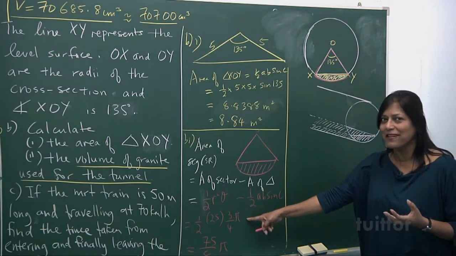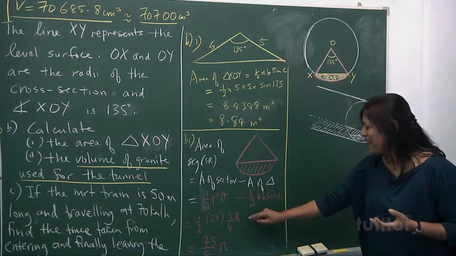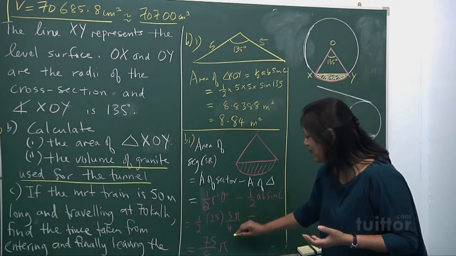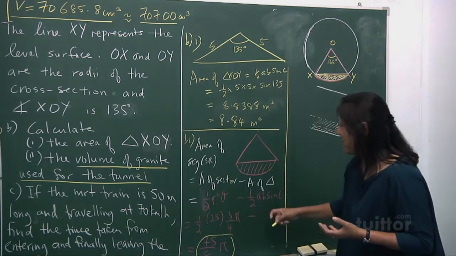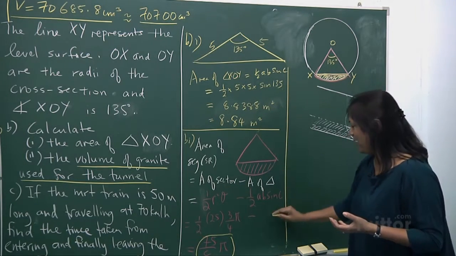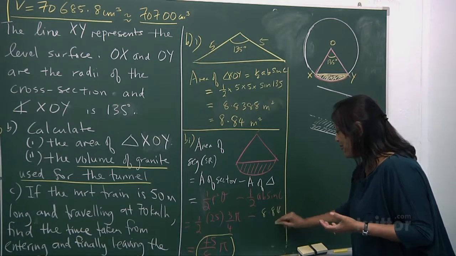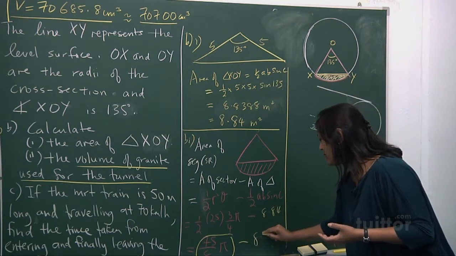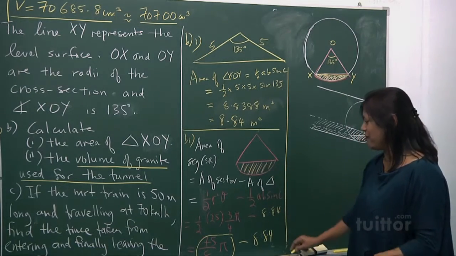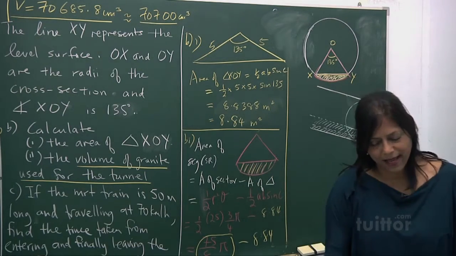I must know it. Alright, here let's look at it. And the area of the triangle. We worked out the area of the sector, which is this answer, and the area of the triangle, we already worked it out here, and we got 8.84, right? So we're going to take this answer and minus 8.84 to get the area of this shaded region. So calculator again.